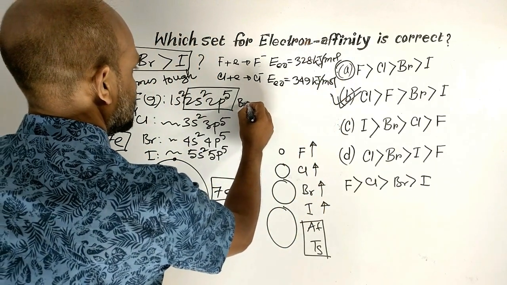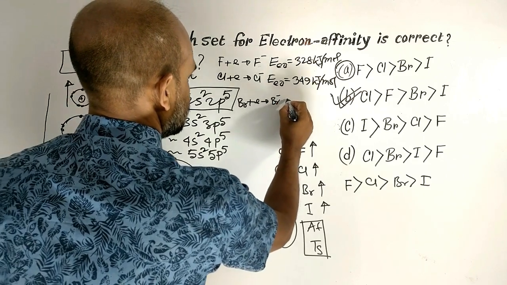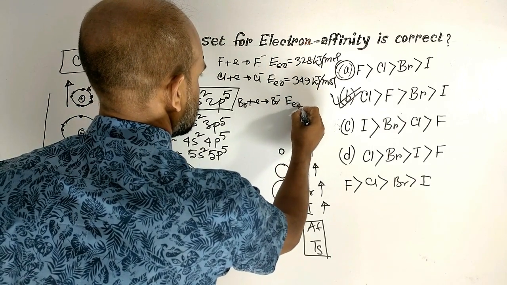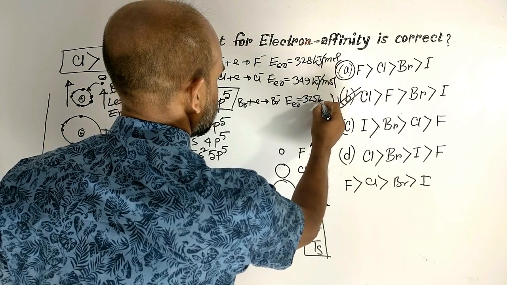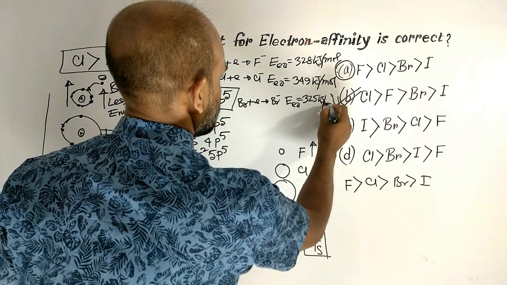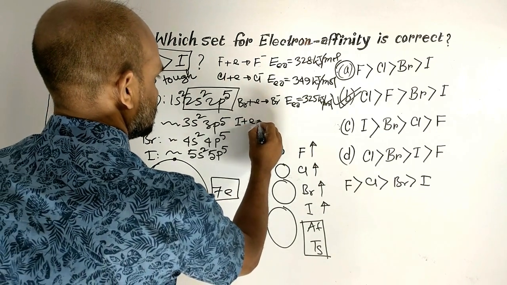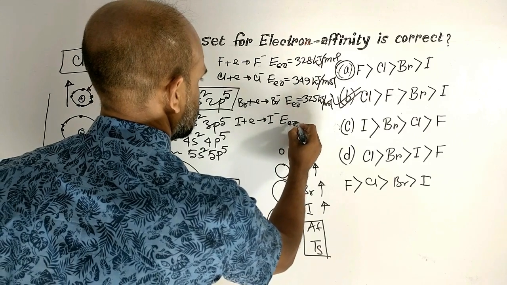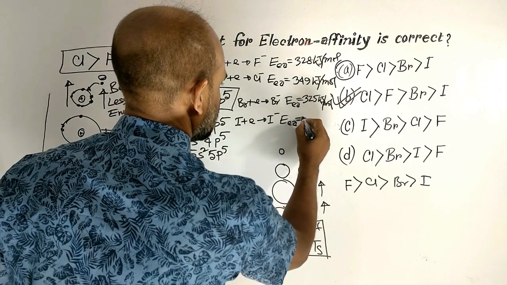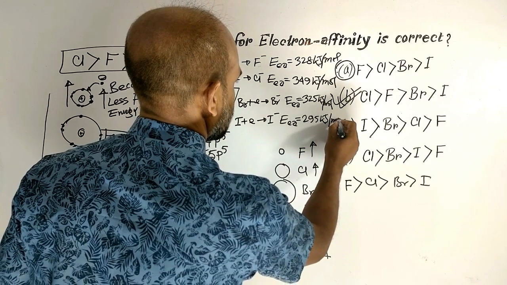Then bromine releases 325 kilojoule per mole. Then iodine releases 295 kilojoule per mole.